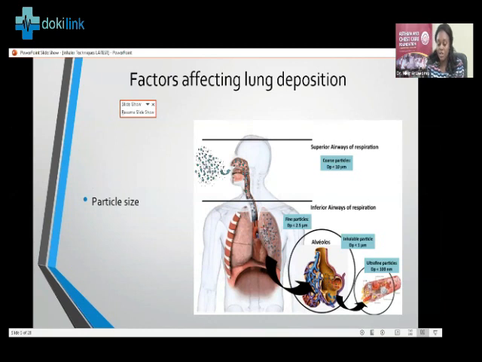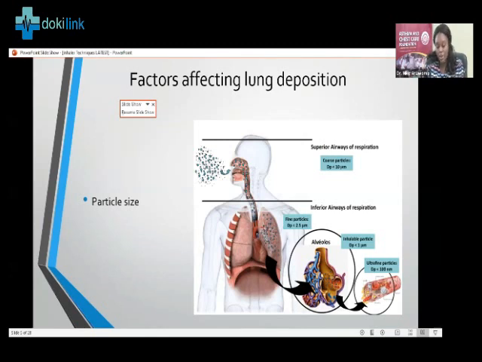Now, the effectiveness of an aerosol is largely dependent on how much of the medication actually reaches the small peripheral airways. Therefore, it is important to talk about the factors that affect lung deposition of medications. The first factor is particle size. It has been found that particles of 5 microns and above often deposit in the oropharynx and the large airways, and particles less than 0.5 microns are so small that they pass out with expiration.